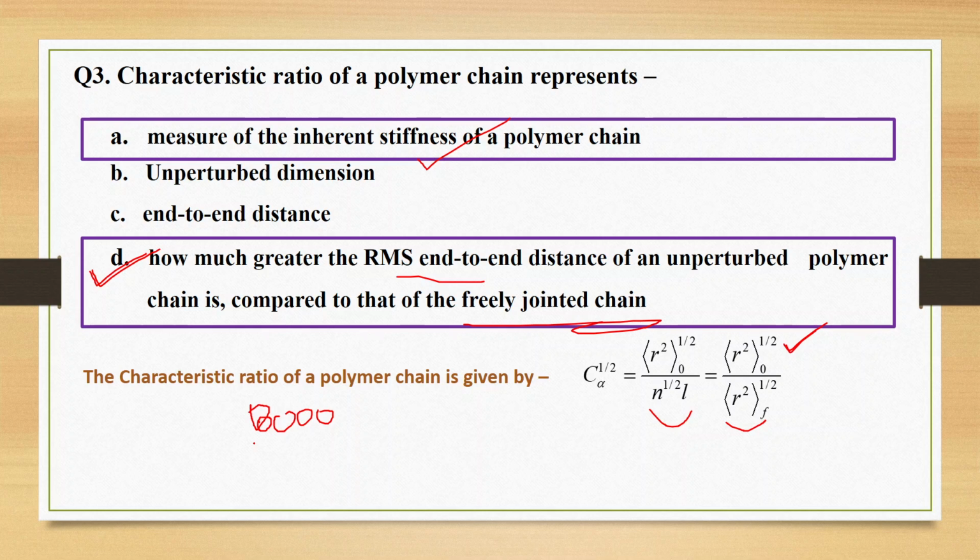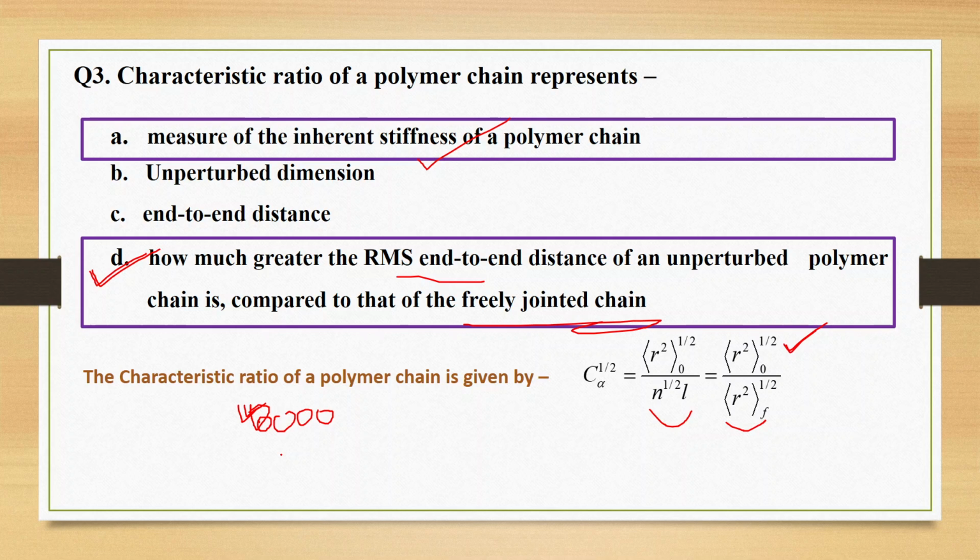So ultimately the freely jointed chain is very easy to move, very free to move. Compared to that, the real polymers are not able to move freely. They are more stiff, right? Compared to freely jointed chains, they are much more stiff because they have many restrictions that hinder their motions. So ultimately what you are getting is an idea about the stiffness of the polymer.